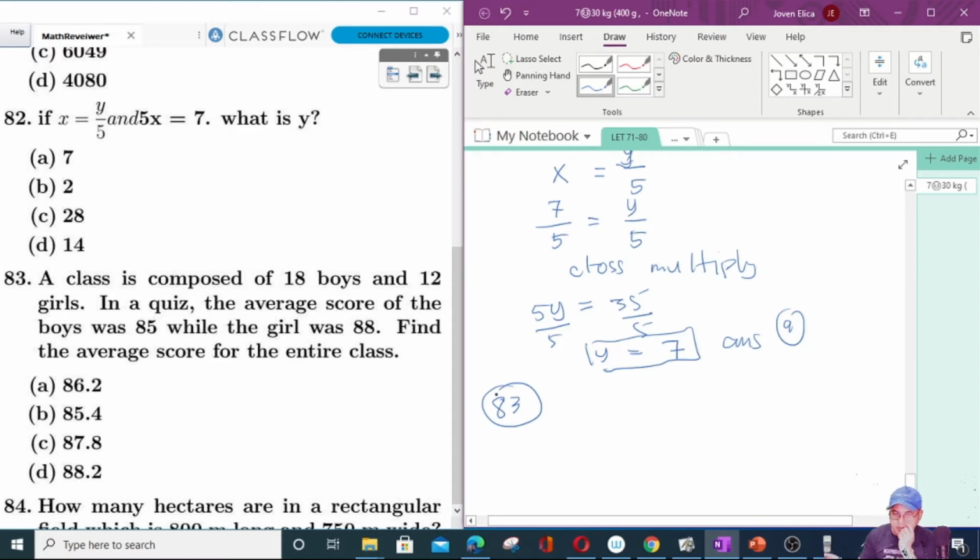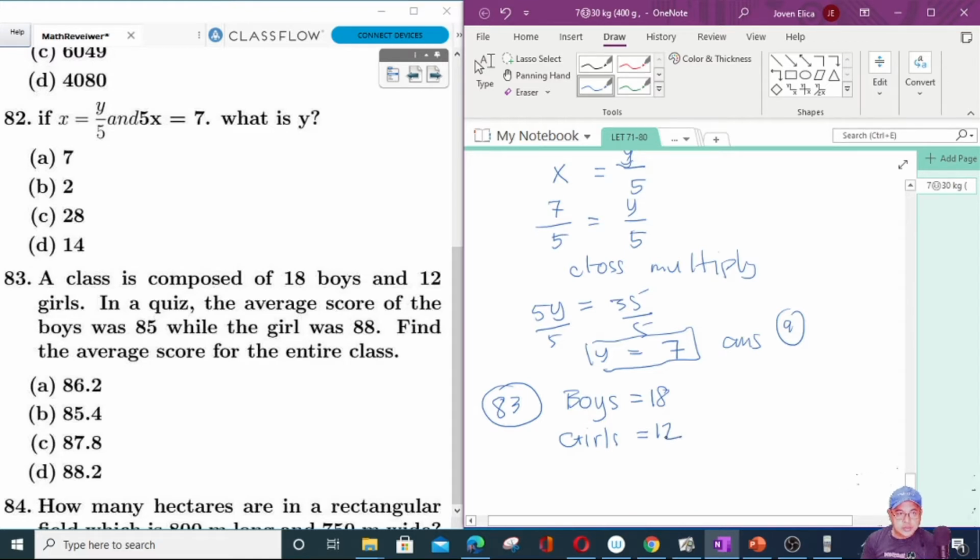So it's very simple also, simple analysis. So we have the number of boys. Of course we need to write the number of boys is 18 and girls is 12.